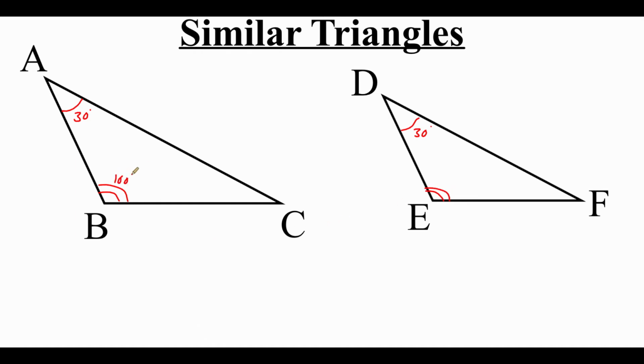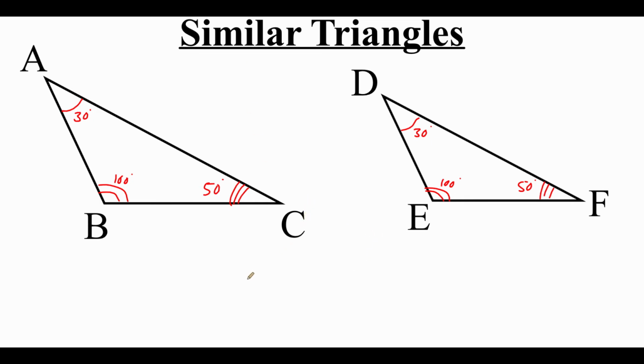So if B is 100 degrees, then E needs to be 100 degrees. And then lastly, angle C and angle F need to be congruent to each other. So if C is a 50-degree angle, then F would need to be a 50-degree angle. So all three sets of corresponding angles are congruent. That satisfies the first property.